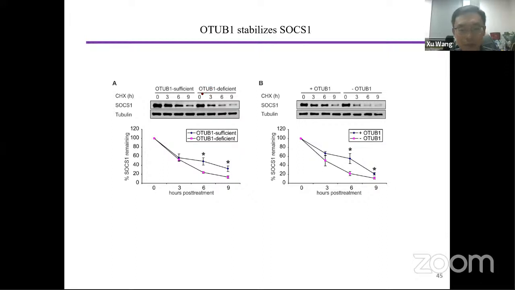And for example, we can see from here, the degradation of SOCS1 is accelerated in OTUB1 deficient cells.